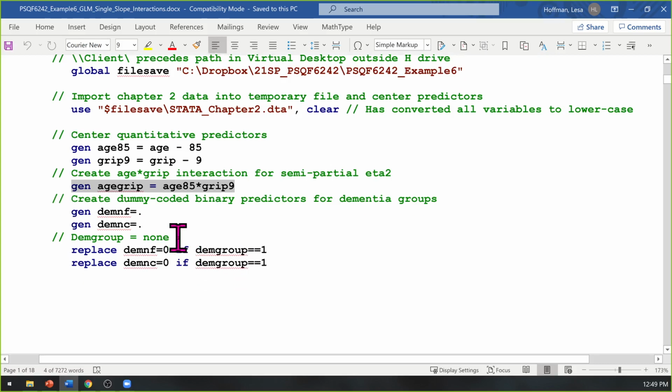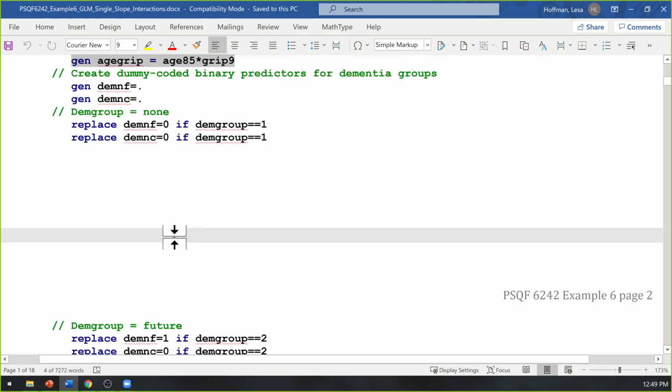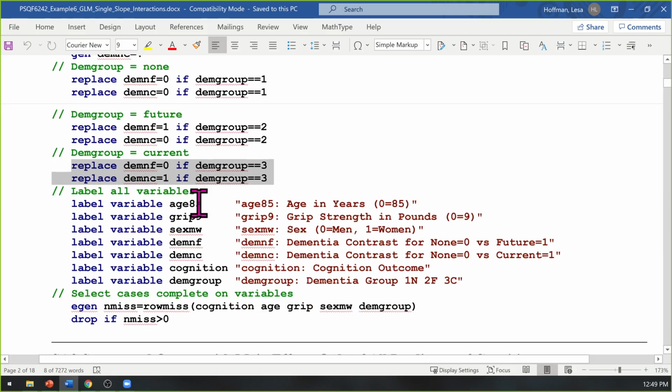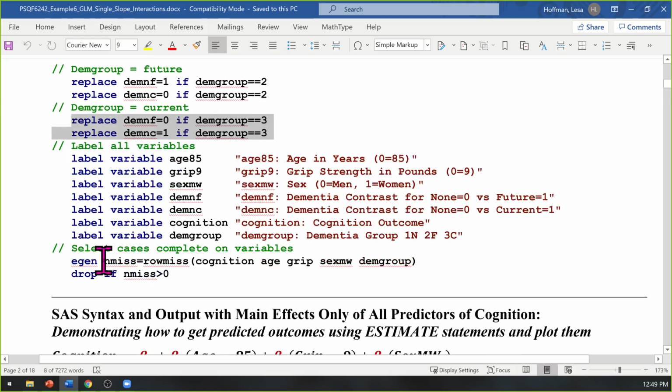Then we have the coding of the dementia groups. So first creating my 2 empty columns, and then selectively changing those empty column values to 0 if it's group 1, 1 and 0 if it's group 2, and then 0 and 1 if it's group 3, labeling all the variables, and then doing the same drop any cases that have missing data down here.